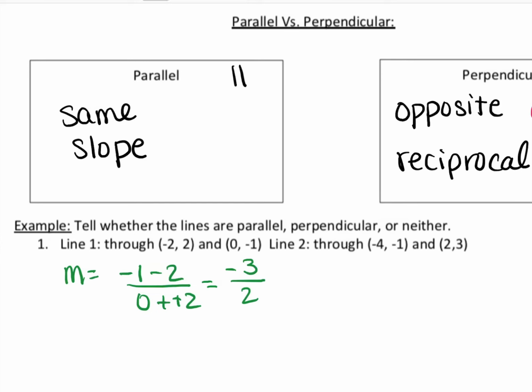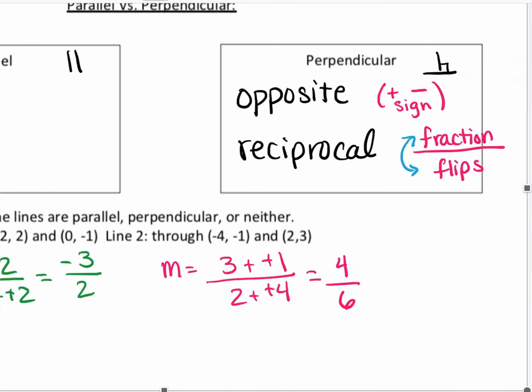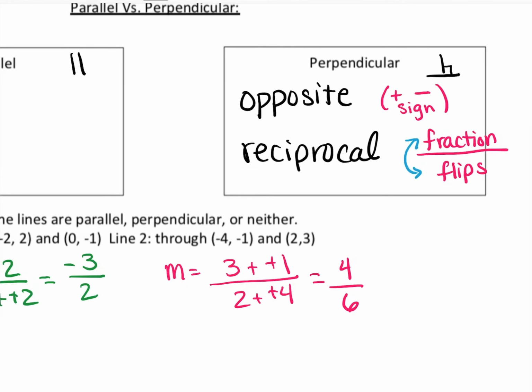For line 2, we have 3 minus -1 in our numerator and 2 minus -4 in our denominator. Again, negative times a negative gives us a positive. We end up getting 4/6. Now this can be simplified because 4/6 can reduce, divide the top and bottom both by 2 to 2/3.